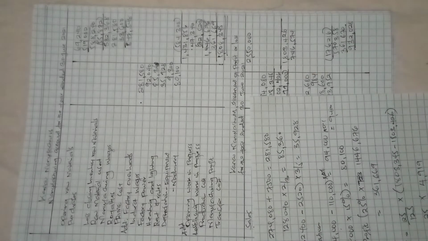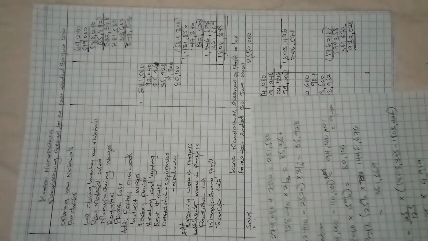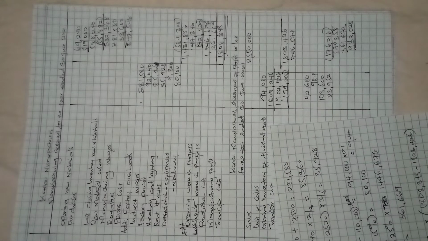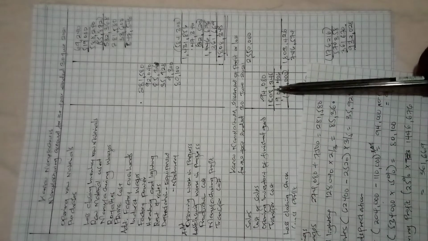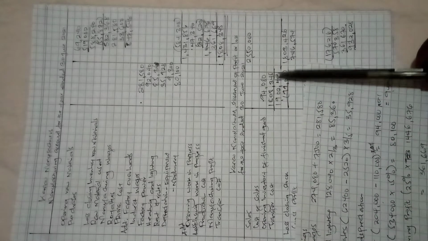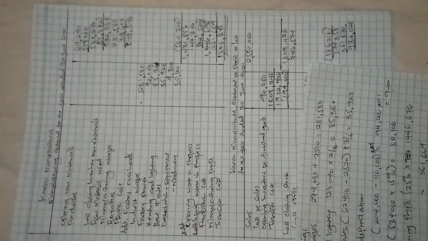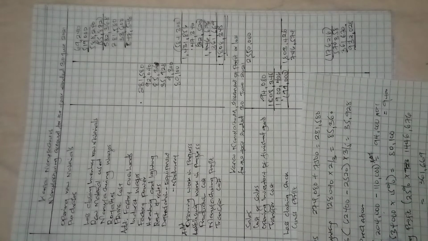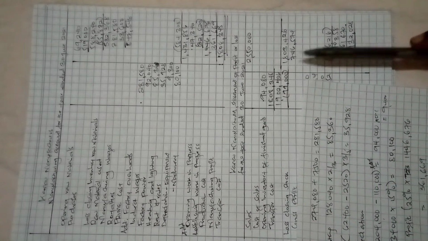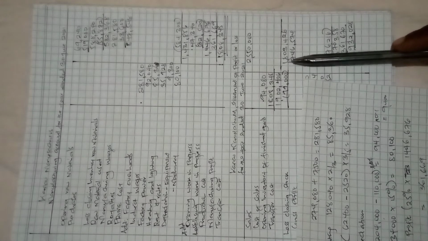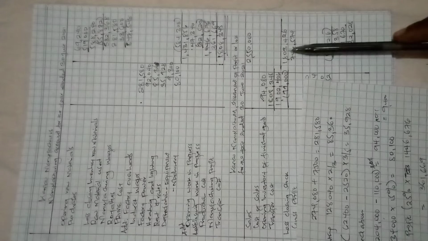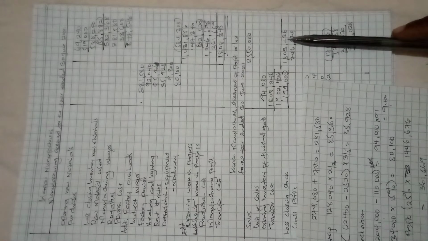So for unrealized profit, we have the transfer cost, which is 1,808,345. I hope you are together. We are together up to that point. And this is the cost of sales, 1,803,426.